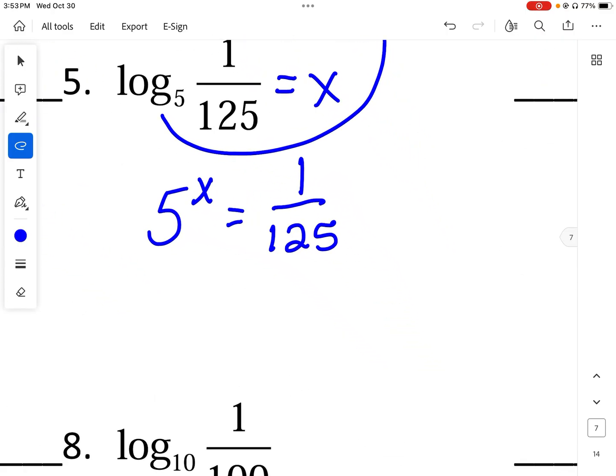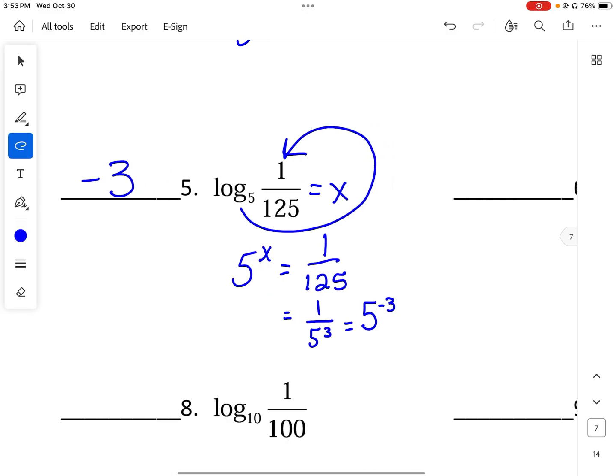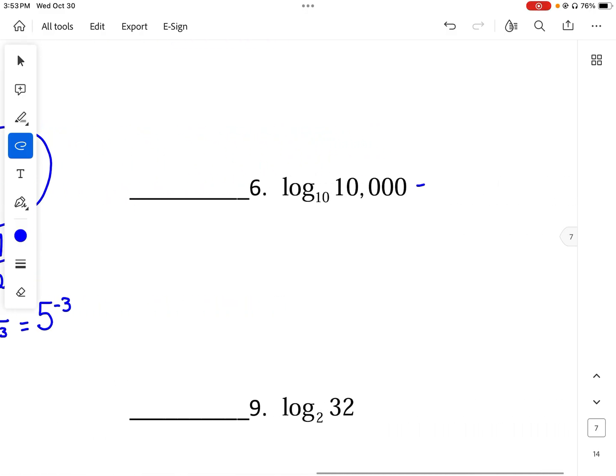If it's a denominator, then I know it's got to be a negative. But let's figure out 5 to the what power gets us 125? And that is 5 to the third power. Then I'm going to bring it up top using exponent rules, so it's a negative 3. So this is negative 3. Okay, let's look at the next one. Equals x, swirl.